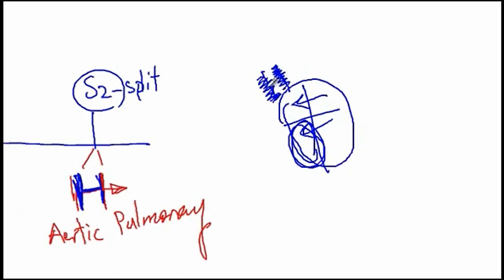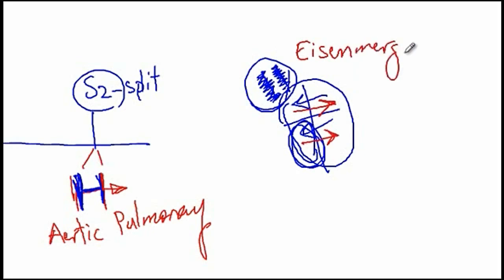By developing hypertrophy, the pressure in these vessels increases, and thus eventually there would be switching of the blood flow from left to right to right to left. This phenomenon is referred to as Eisenmenger syndrome.